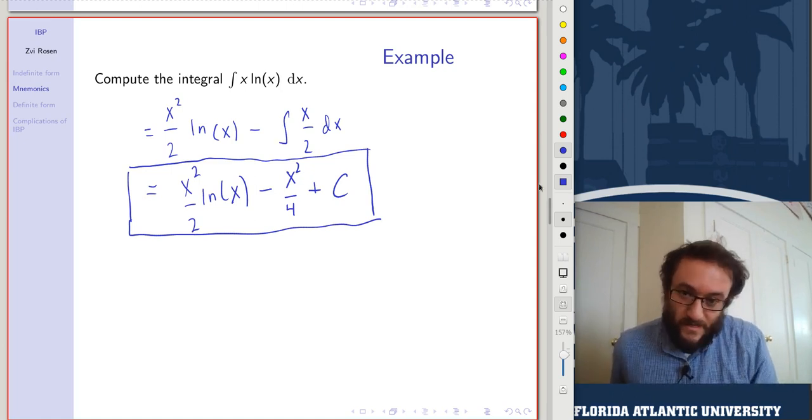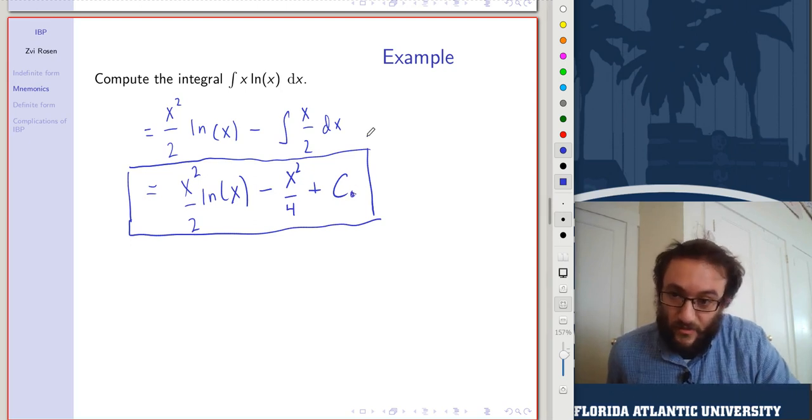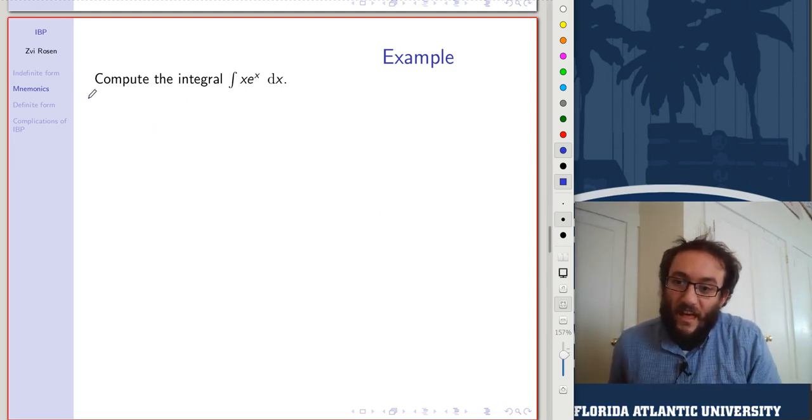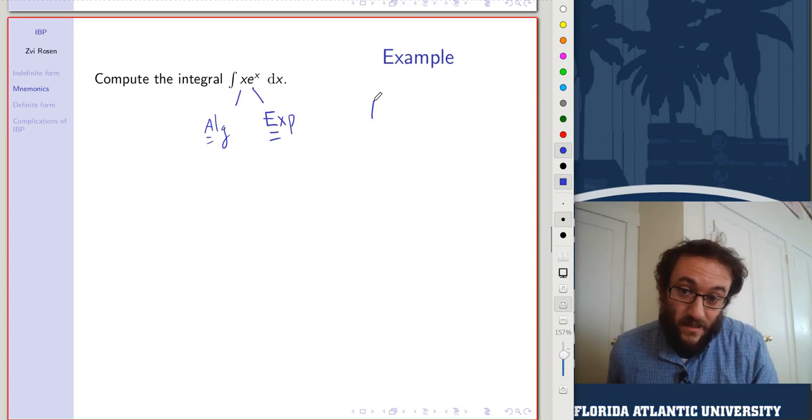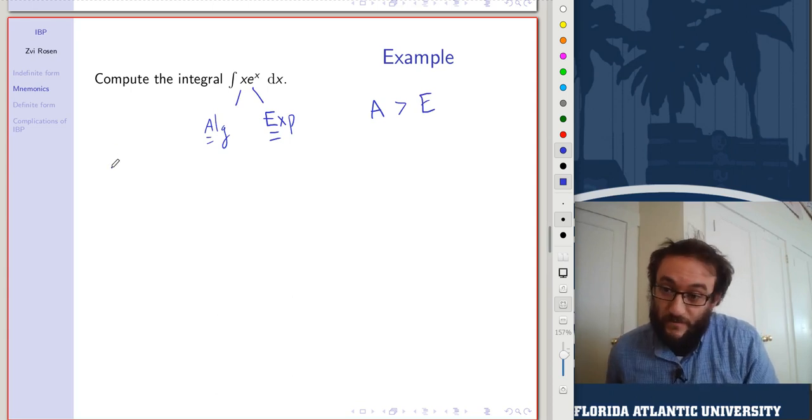So this was an example of applying integration by parts to solve an integral that we're interested in. How about the integral of x e to the x dx? Well, this again is an algebraic function, and this is an exponential. If we think about LIATE, A is greater than E, so we want our u to be the algebraic function.